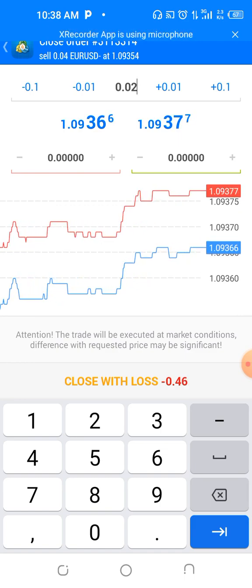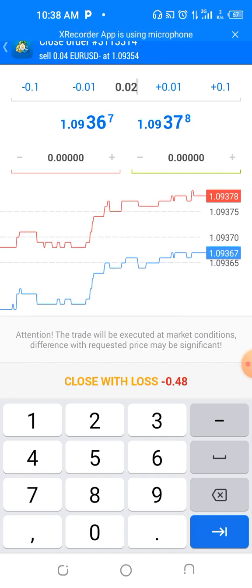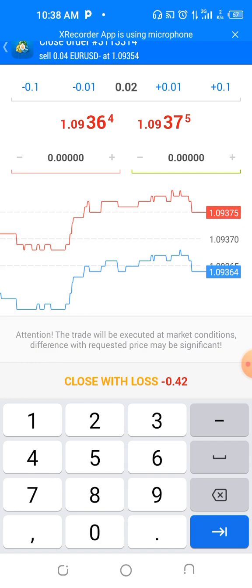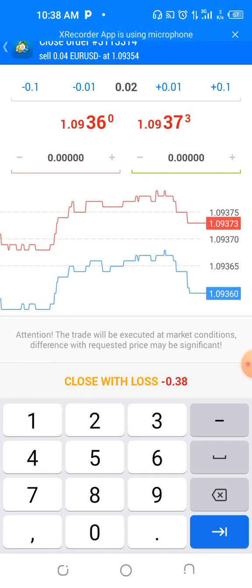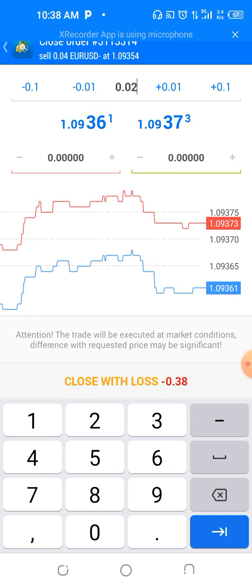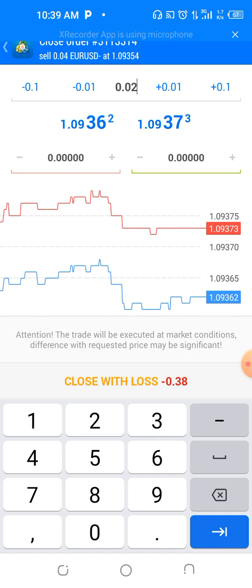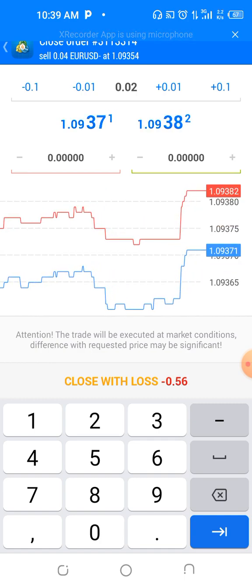We will now say close with loss of, because it's already in minus. If it were in profit, let's assume it was giving us $4, and we are closing half of it, it will tell us close with profit of $2. You are seeing $4 and you are closing half, so it will tell you close with profit of $2.